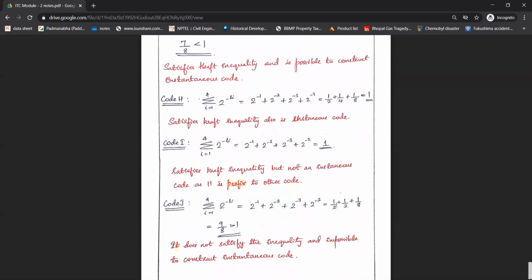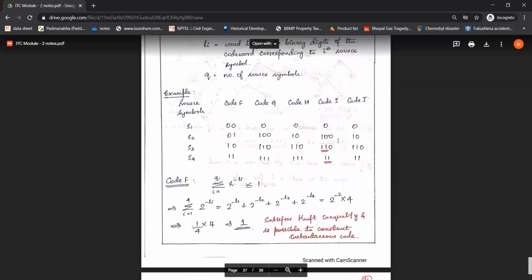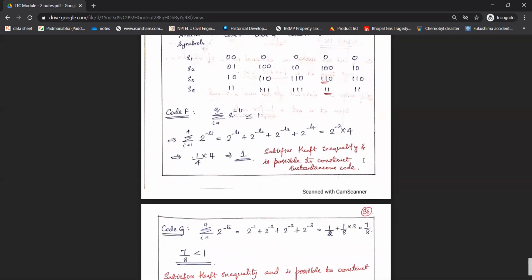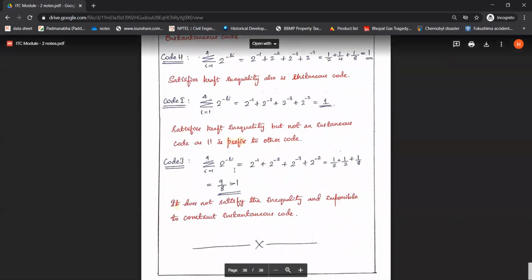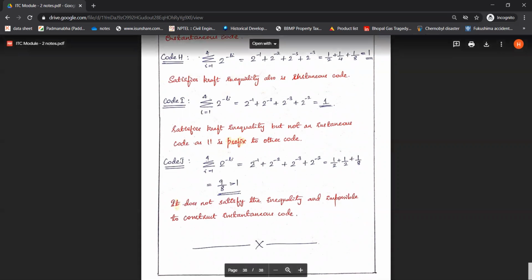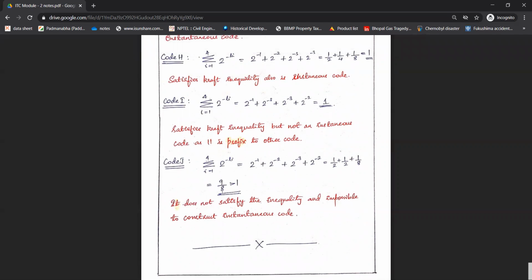Next, for code J, go back to this tabular column. The code word lengths are L1 equal to 1, L2 equal to 2, L3 equal to 3, and L4 again 2. So 2 to the power minus 1 plus 2 to the power minus 2 plus 2 to the power minus 3 plus 2 to the power minus 2. After calculating these values, we get 9 by 8, which is greater than 1.